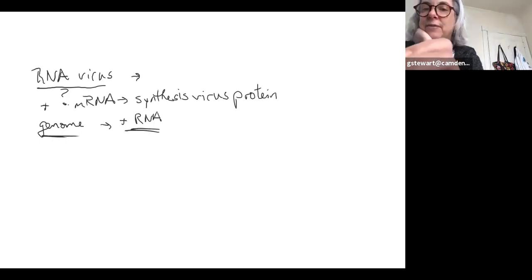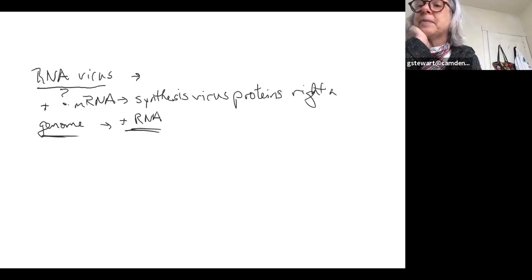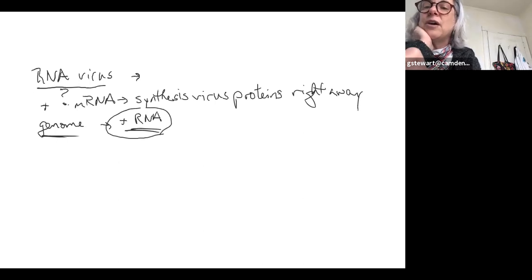So the host cells can immediately use the sense strand to synthesize some of the viral proteins, right? Sort of right away, immediately. But we need more copies of this to package up, and we can't make them directly from the starting material.